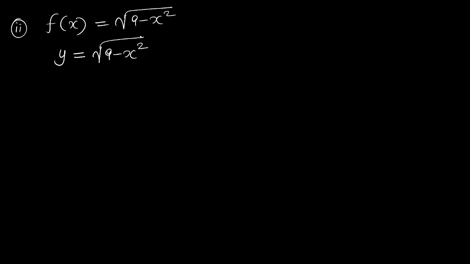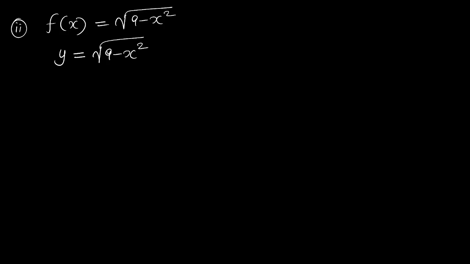Domain is the possible values of x. Here you may be thinking that x can be any real number. No. For some values of x, this expression is not valid.